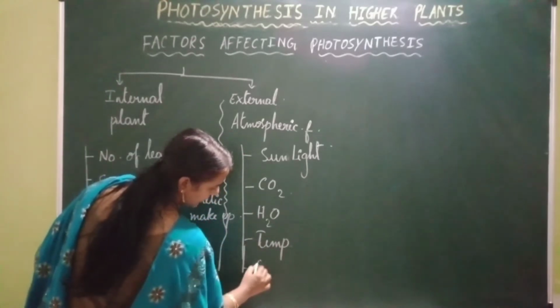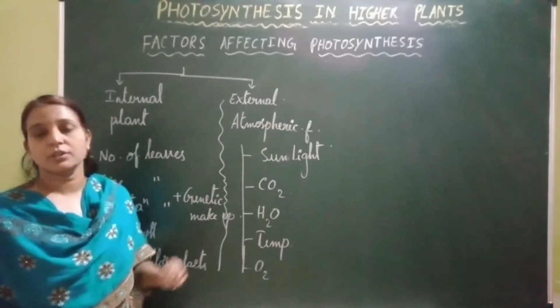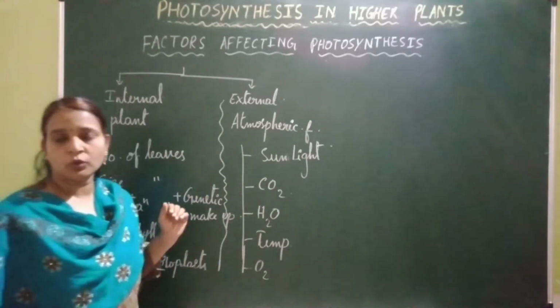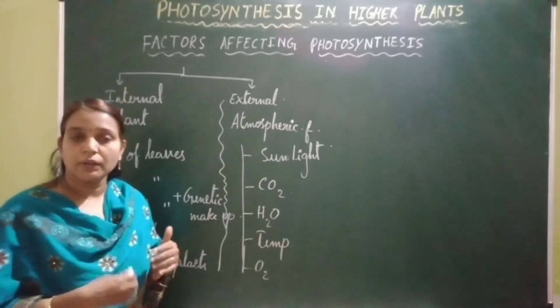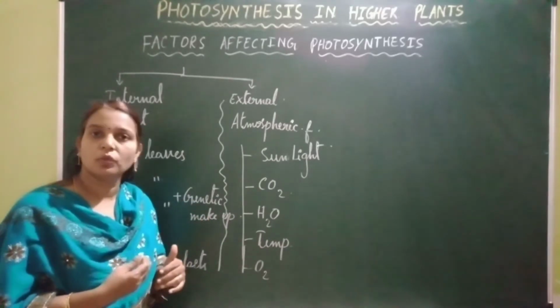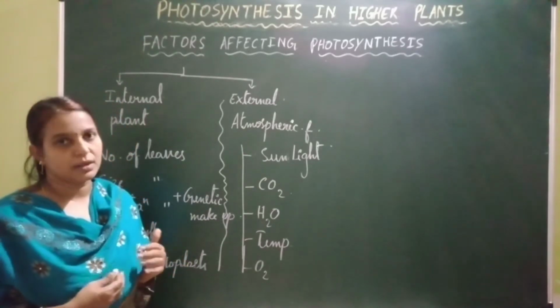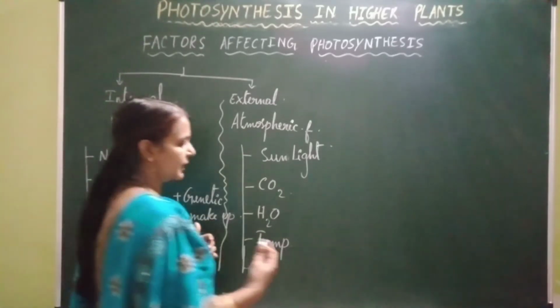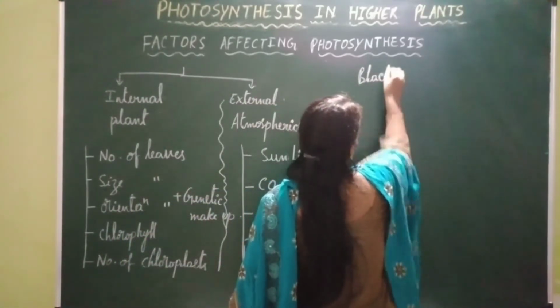All these are the atmospheric or environmental factors which affect the rate of photosynthesis. Before going into the details of these factors, I want to explain Blackman's law of limiting factor. This law was given by a scientist, Blackman, hence it is called Blackman's law of limiting factor.